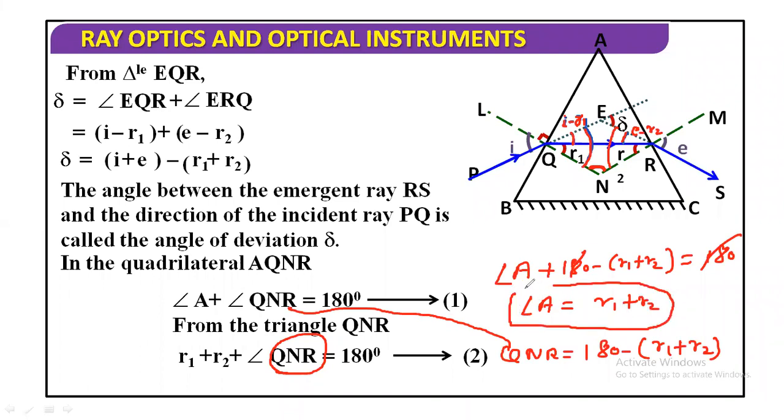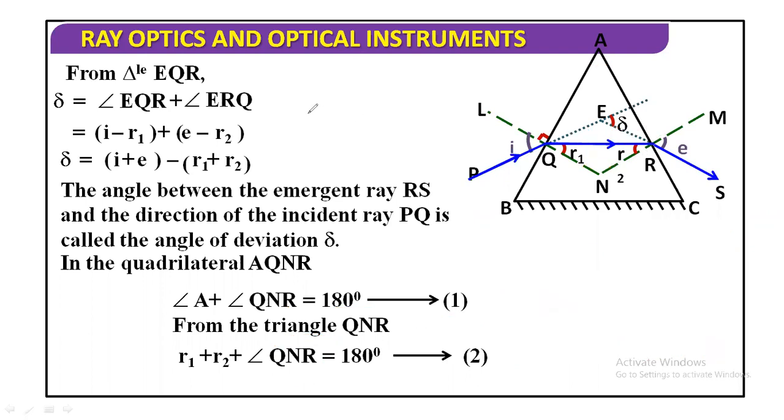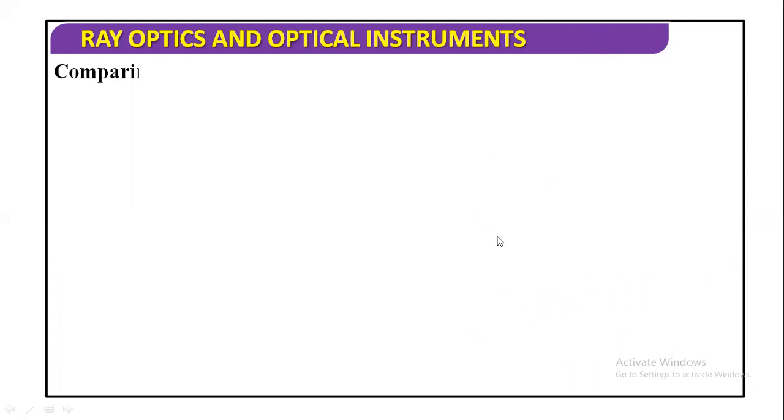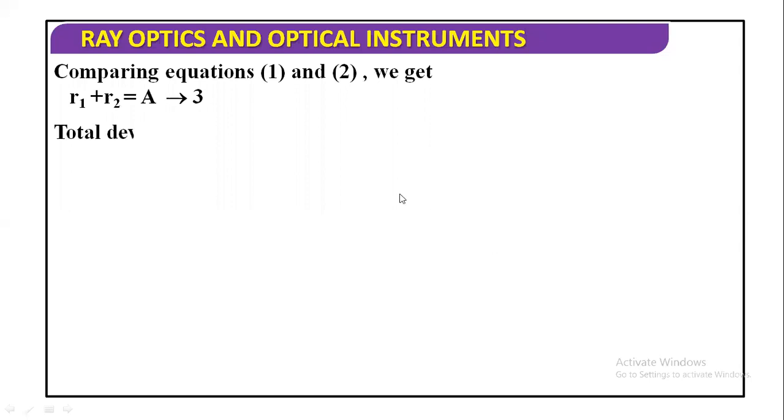So we were interested in this angle A, and we have calculated that angle A. It is the sum of R1 plus R2. Note up to here. Now angle A is finally equal to R1 plus R2, and take it as equation 3.